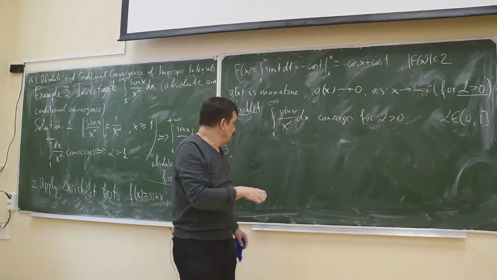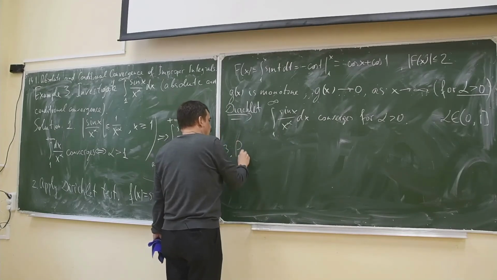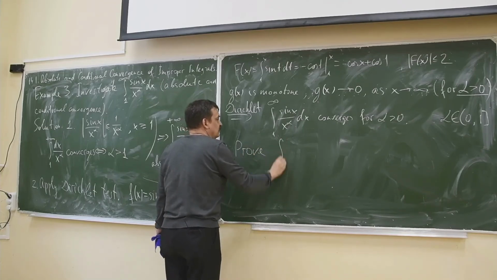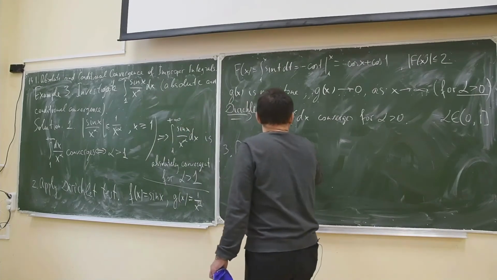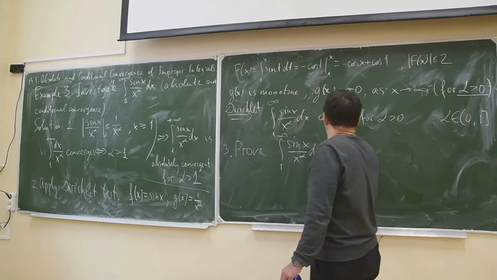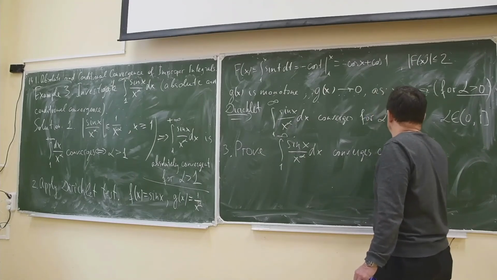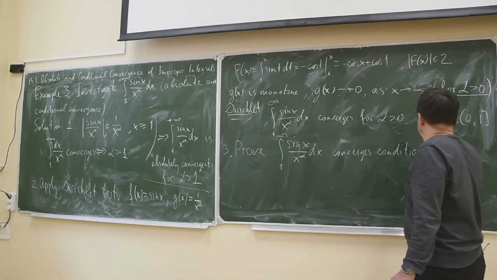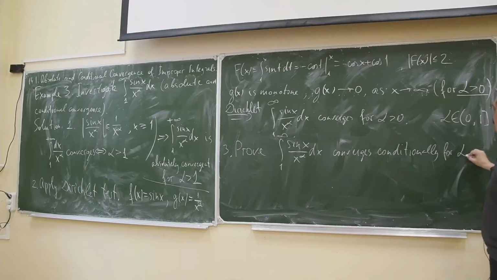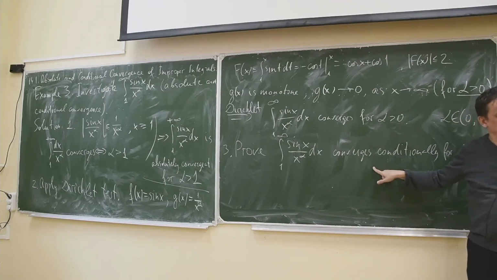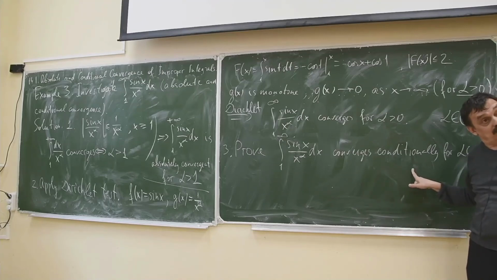It means prove that the integral converges conditionally for alpha from 0 to 1. So what do we know for those alpha? We know it converges, right?